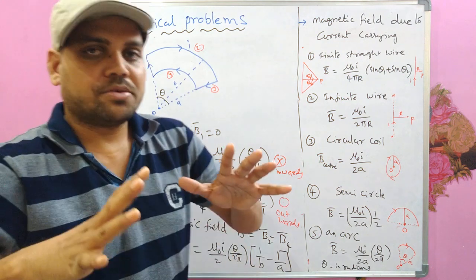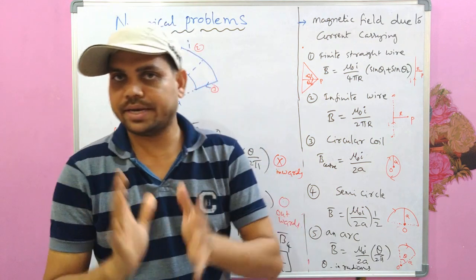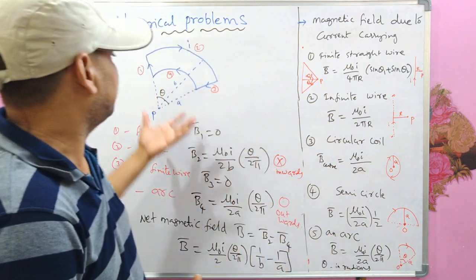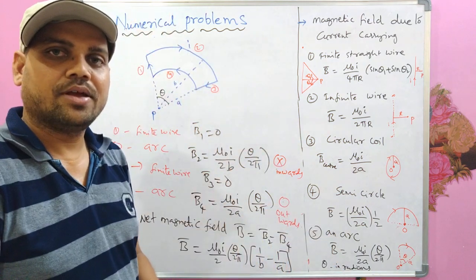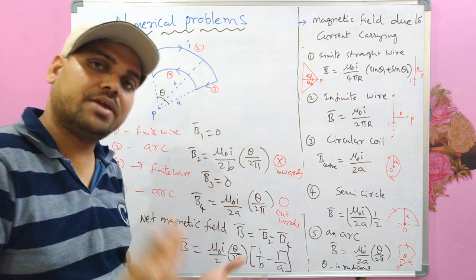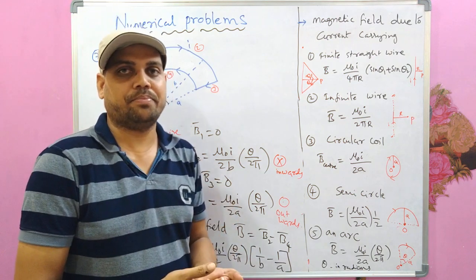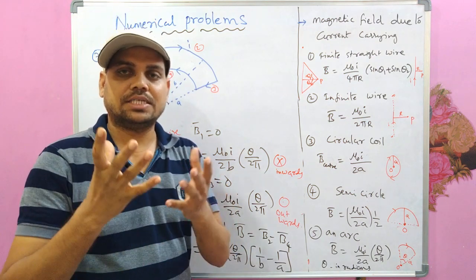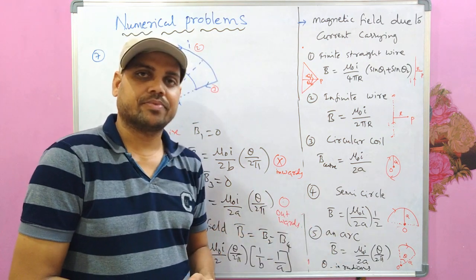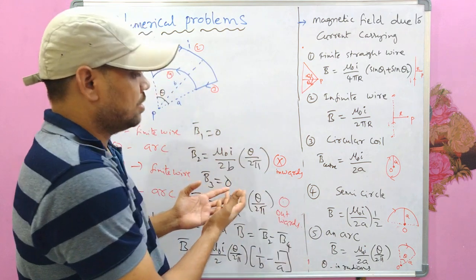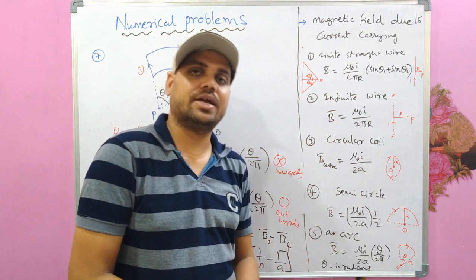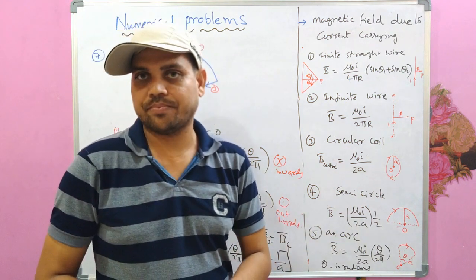Okay, but you have to be careful while predicting the magnetic field directions and using the formulas. First you have to observe what kind of figure it is, what components it has, whether finite wire, infinite wire, semi-infinite wire, where the point P is, if it is an arc, what its radius is, what the formula for magnetic field due to a current carrying arc is, what a semicircle is, what its radius is, what current is flowing through it, what its direction is, what the formula for finding the magnetic field due to a current carrying semicircle is.